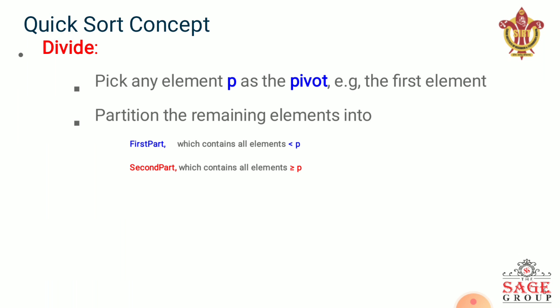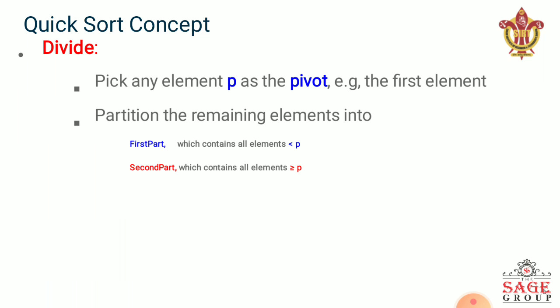Normally we can select any element as the pivot, but generally the first element is selected as the pivot element.